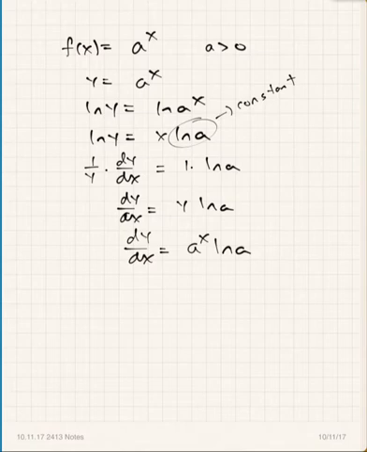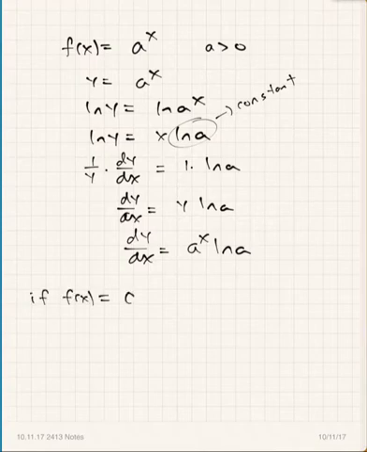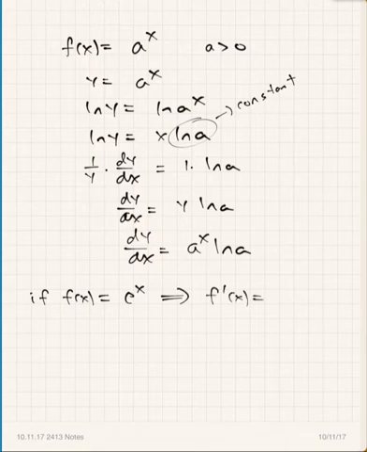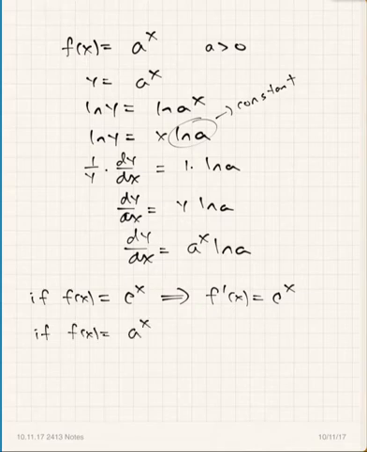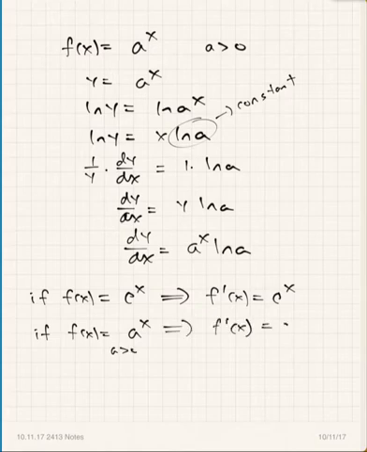So what I want you to do is compare e to the x with the more general statement, a to the x. If f of x is equal to e to the x, then f prime of x is just e to the x. If f of x is equal to a more general statement, a to the x, where a is greater than 0, then f prime of x is a to the x natural log of a.